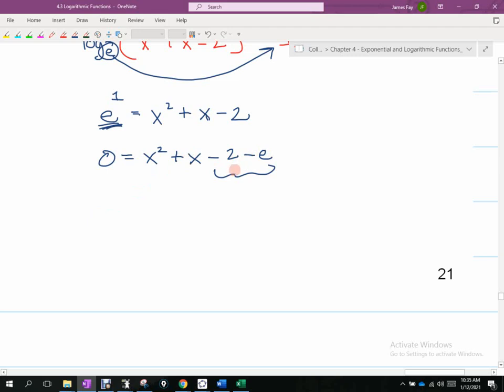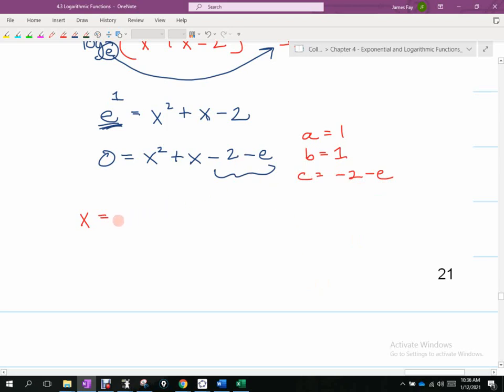If I have a quadratic equation, what is the all-time fail-safe safety net for solving a quadratic? The formula. Okay, in this case, what is a going to be? 1. What is b? 1. And what is c? Negative 2 minus e.